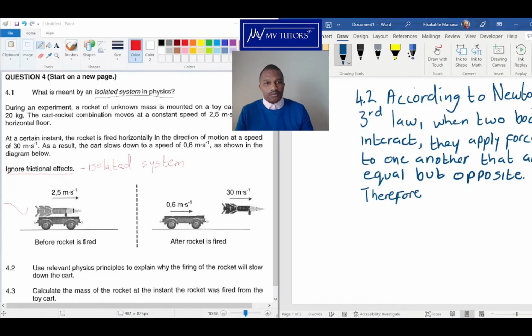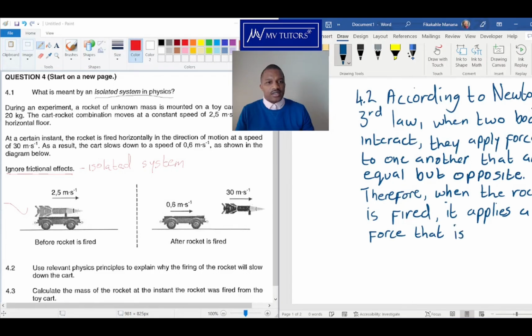Therefore, when the rocket is fired, it applies a force that is equal but opposite to the cart.